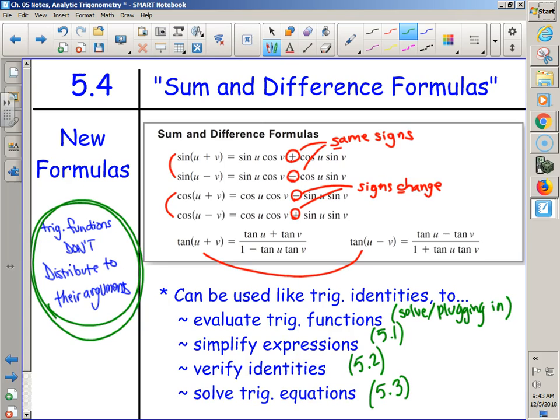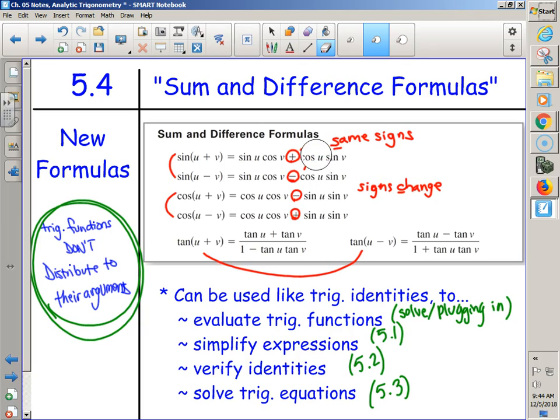These formulas, just like the identities we talked about before with tangent of x being sine of x over cosine of x, or 1 plus tangent squared of x being secant squared of x, those ones are true and must be used. Same thing here. To do sine of u plus v, you have to do sine u cosine v, switch it, cosine u sine v. Now, I have little things over here off to the side as far as how I remember it.